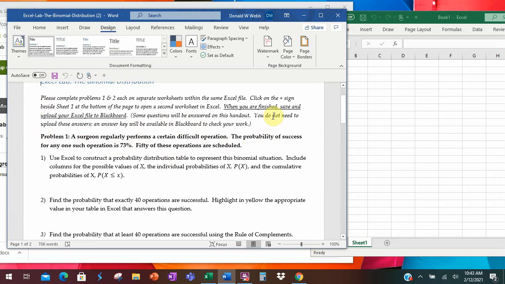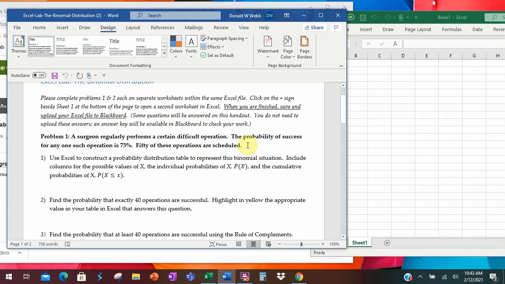Okay. So this is the basic signature of a binomial probability distribution. I'm given some probability of success, or a proportion that you would be expecting out of a population.